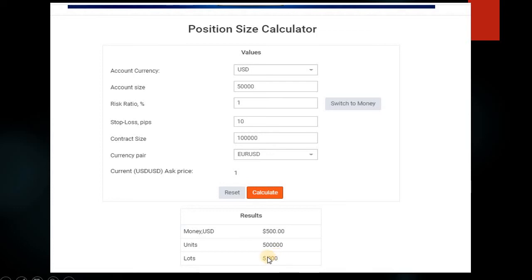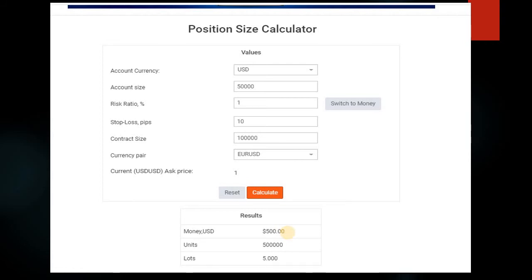So it means that if you make use of this lot size, there is no way you can exceed $500 eventually if the market goes against you in a loss.